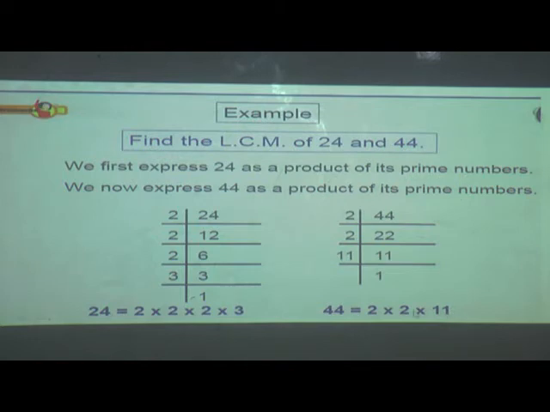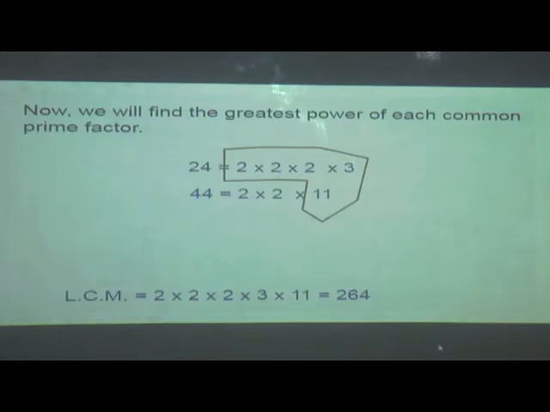Now we have found the prime factors of both 24 and 44. Now we will find the greatest power of each common prime factor.